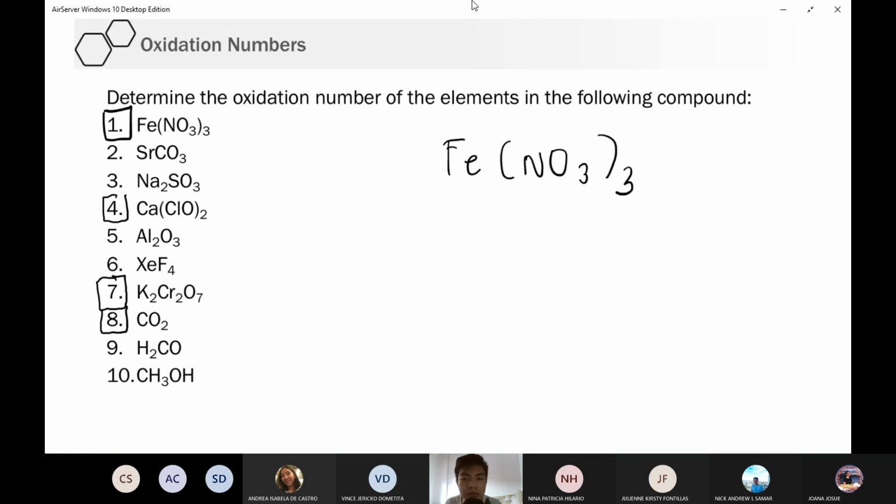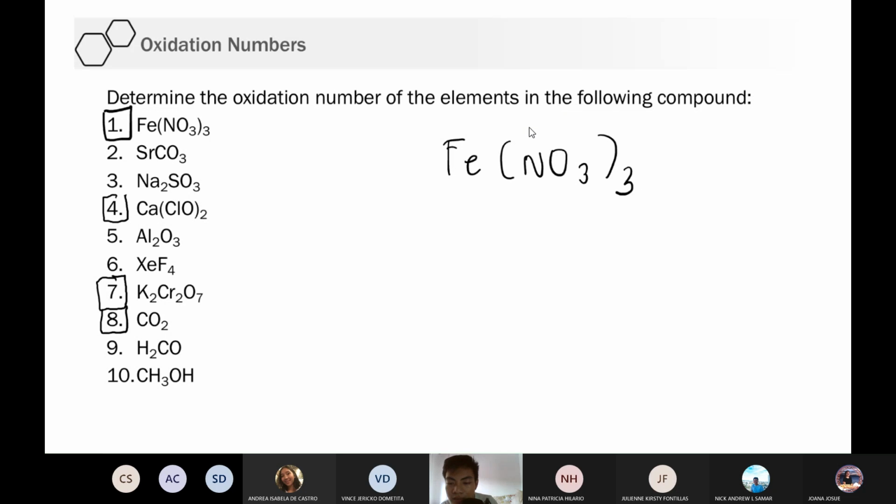Okay. So we have an ionic compound here. No? This is ionic compound. Okay. So it will be easier for us to determine their oxidation numbers if we are going to turn them into ions.